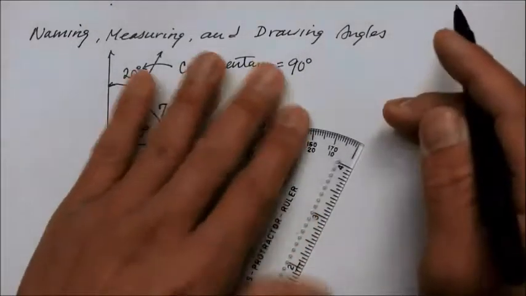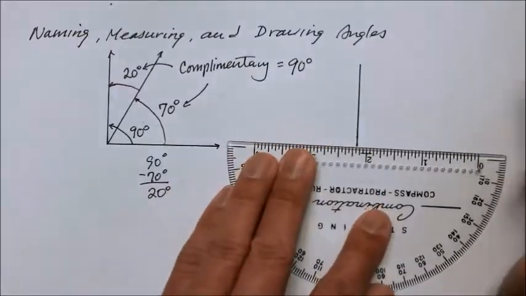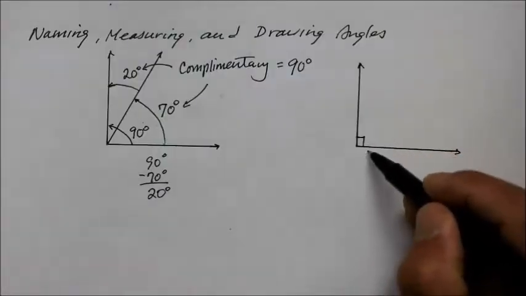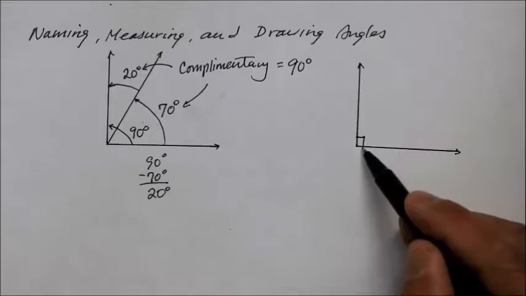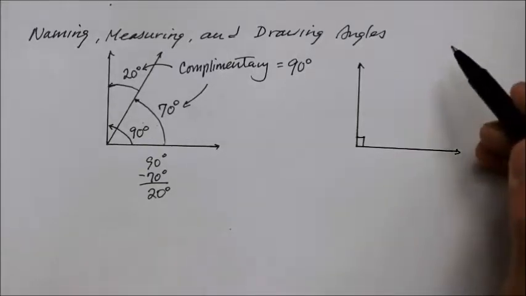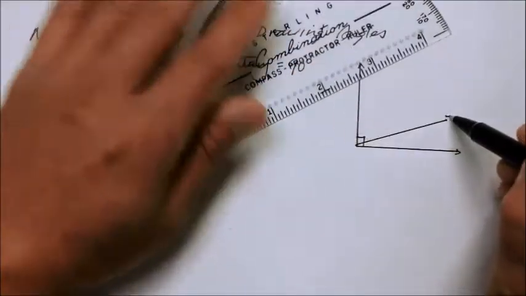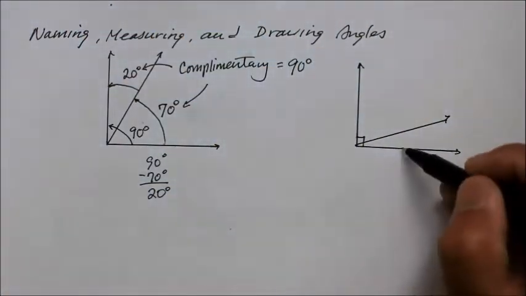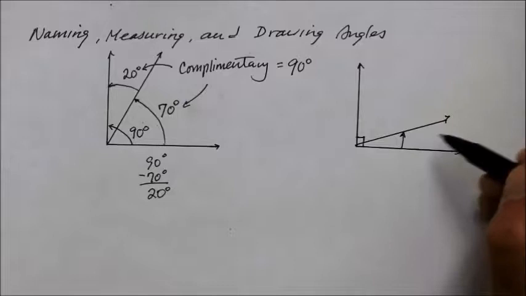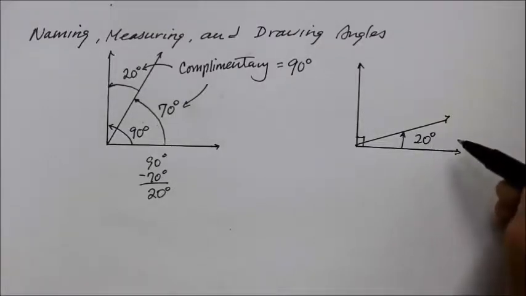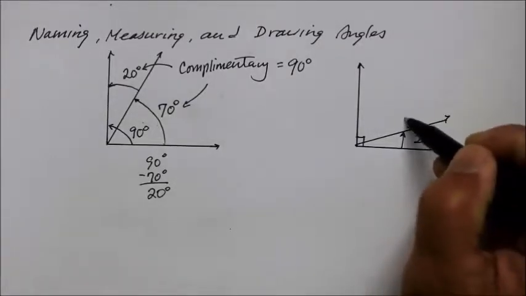So if I were to introduce another right angle and say, well, there's the international symbol for 90 degrees. And then if I told you that, hey, here's another ray that forms an angle, and from here to there, let's say it's 20 degrees. Then what will be its complementary angle?